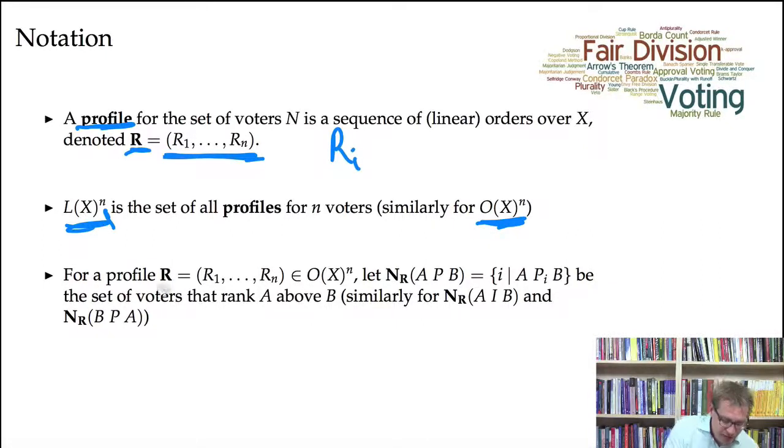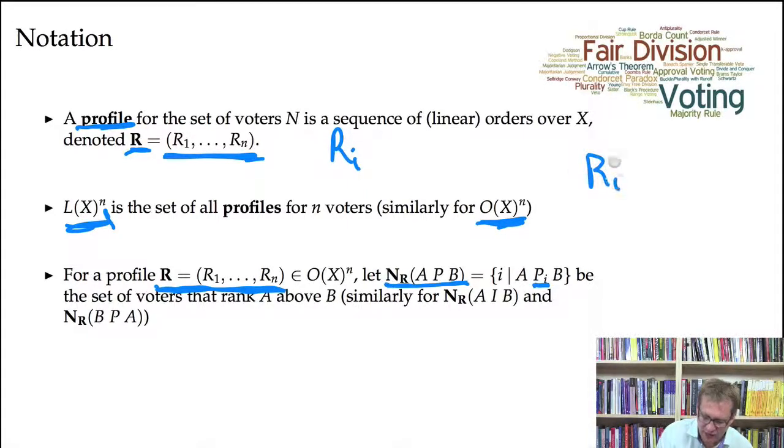Now, if we fix a profile, where each of the Ri's are reflexive and transitive orderings, let N_R(APB) denote the set of all voters that rank candidate A strictly ahead of candidate B. So that's what this notation P sub i means.